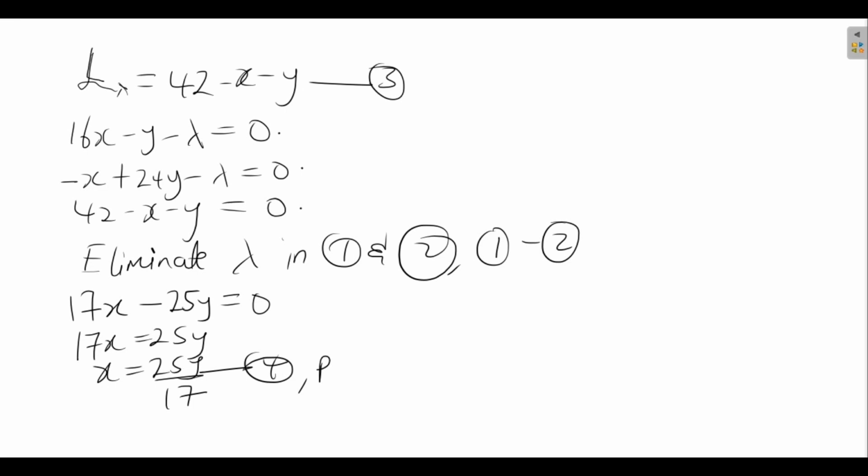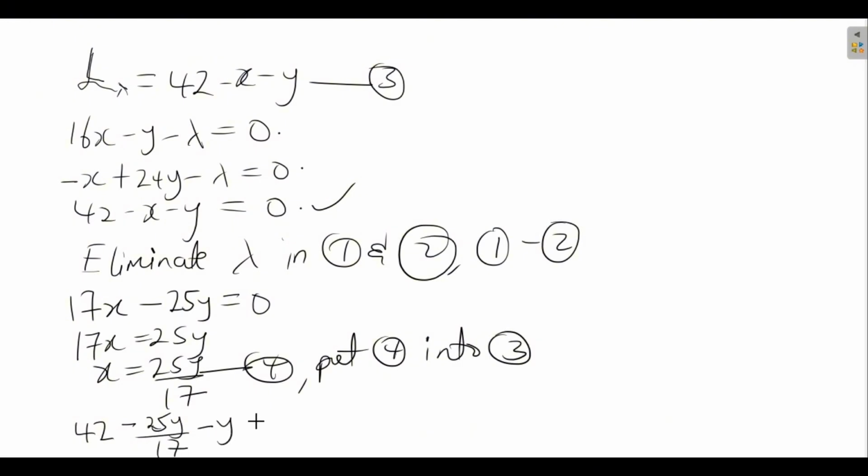Now we want to put equation 4 into the third equation, which is this one. Wherever we see x, we are going to substitute 25y over 17. So we have 42 minus 25y over 17, then minus y is equal to 0.